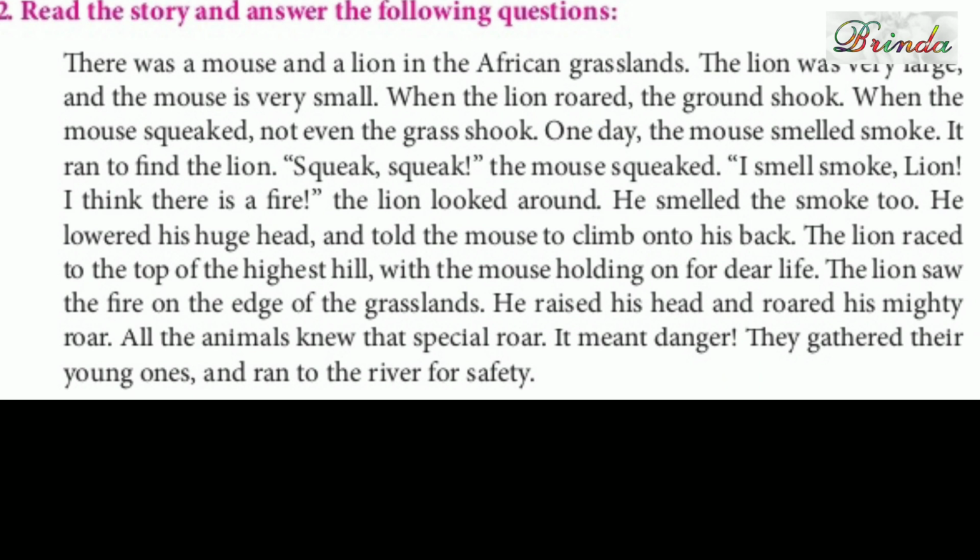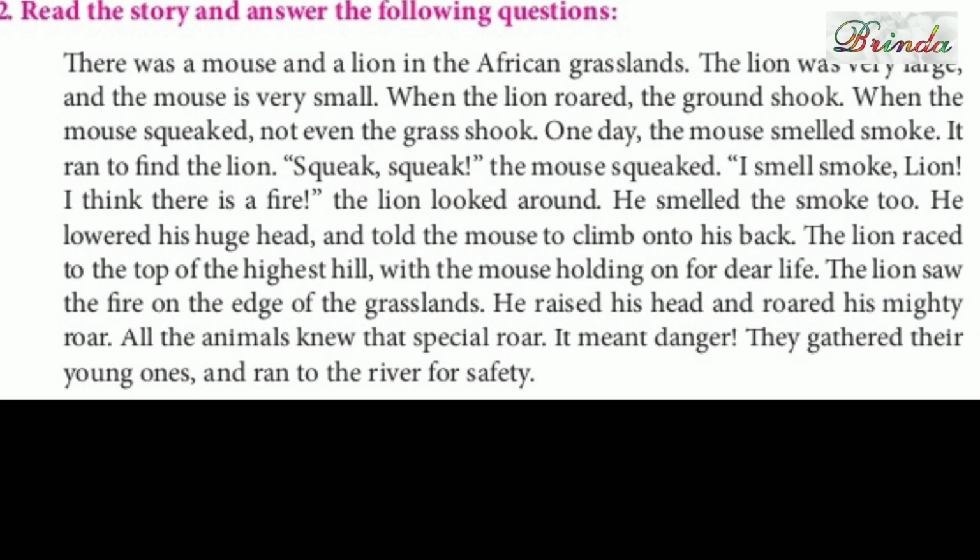The lion raced onto the top of the highest hill with the mouse holding on for dear life. The lion saw the fire on the edge of the grassland. He raised his head and roared his mighty roar. All the animals knew that something roared. It meant danger. They gathered their young ones and ran to the river for safety.